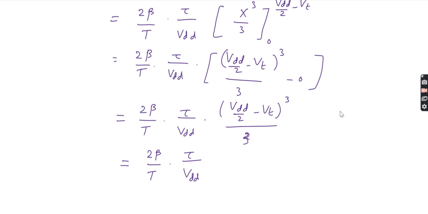It is 1 by 3 into VDD minus 2 VT divided by 2, the whole cube.